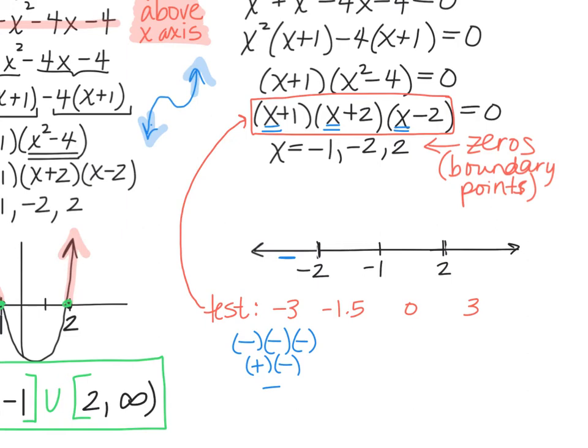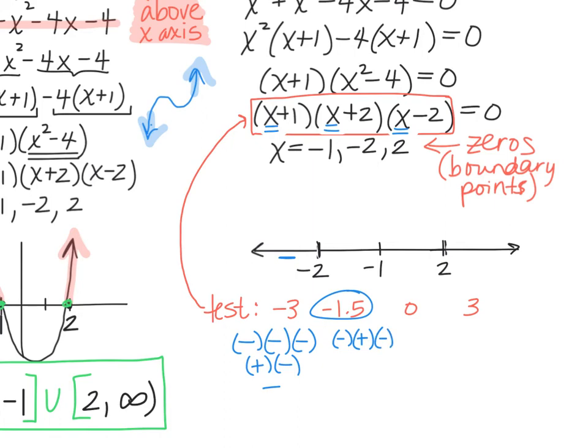Now let's move on to my next testing value, which is -1.5, and we'll do the exact same thing. So we substitute -1.5 in for x. -1.5 plus 1 will be a negative output. -1.5 plus 2 will be a positive output. -1.5 minus 2 will be a negative output.